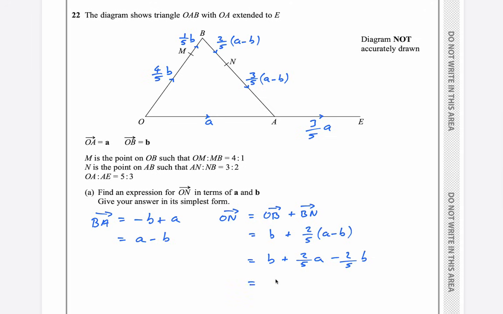Well, let's start with the A. 2/5 A plus 3/5 B. Okay, that is part A.